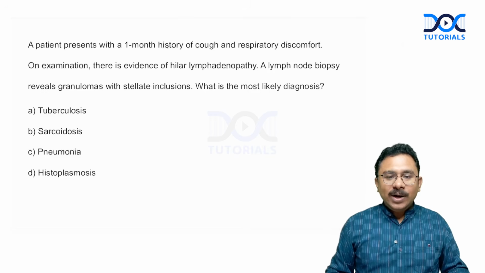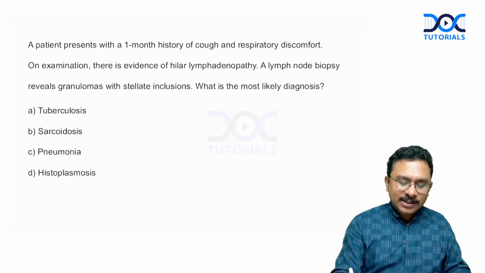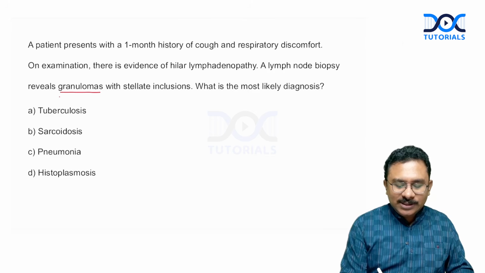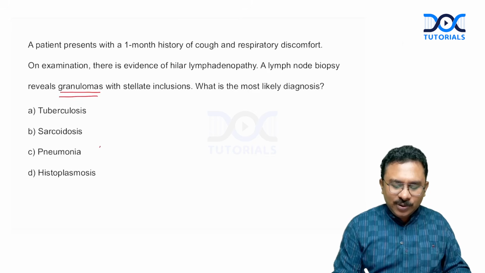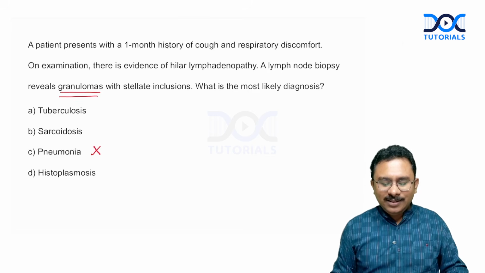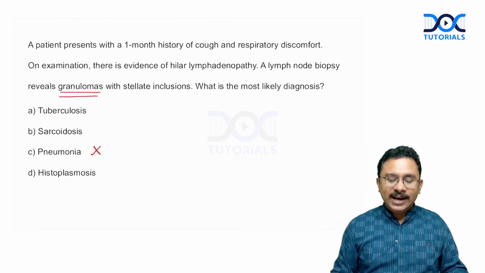Patient presents with 1-month history of cough and respiratory discomfort. On examination, there is evidence of hilar lymphadenopathy. Lymph node biopsy reveals granulomas, with stellate inclusions. Pneumonia is not likely to produce granulomas, so I'm already eliminating that. Tuberculosis can produce granuloma, sarcoidosis can have granuloma, histoplasmosis can have granuloma.